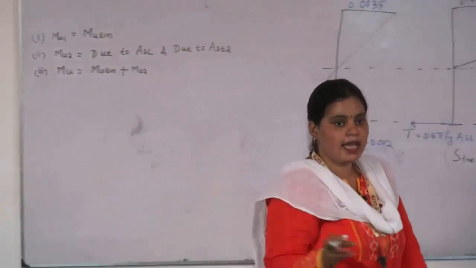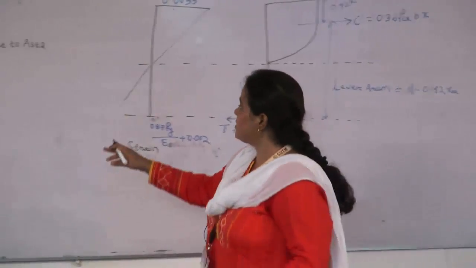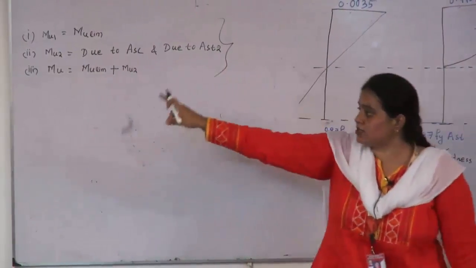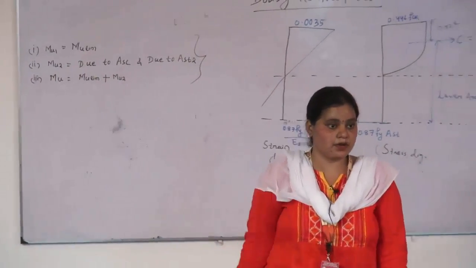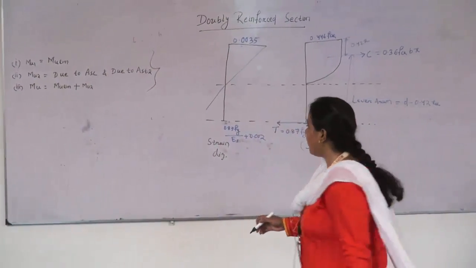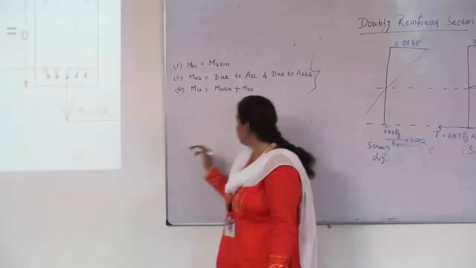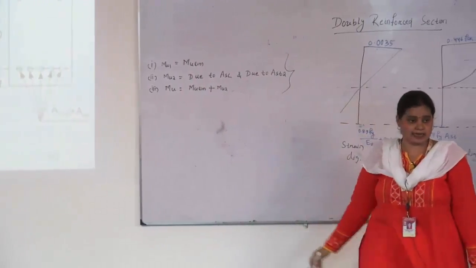These things you are going to do in these three diagrams. Finally you are going to find out the moment of resistance for this one. So this is your final answer.